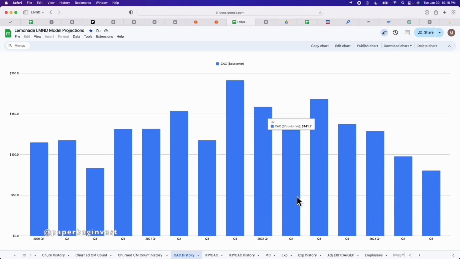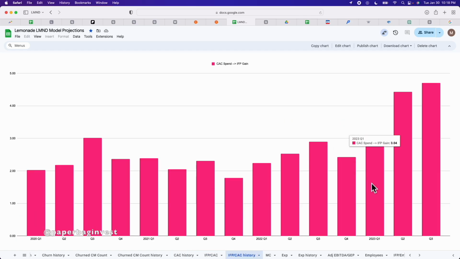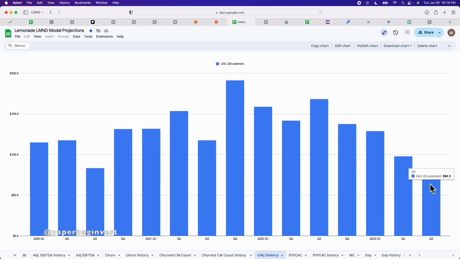And then you have that IFP to CAC effect where those customers start to upsell or bundle their products themselves and get older and have way more insurance, and your IFP to CAC ratio is going to skyrocket. This is why Lemonade's strategy is brilliant.